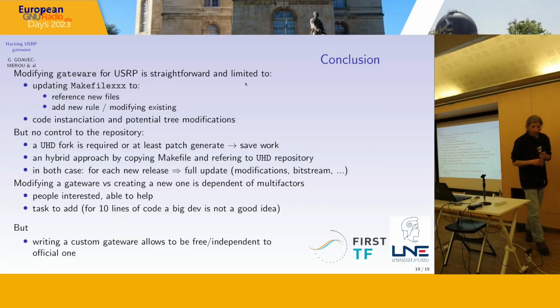And really, the problem with creating a new gateware is, if many people are interested in this topic, why not? If you're alone, not sure. And finally, if you spend 1 year to have something starting to work just because you have 10 lines of code to add, it's just stupid.